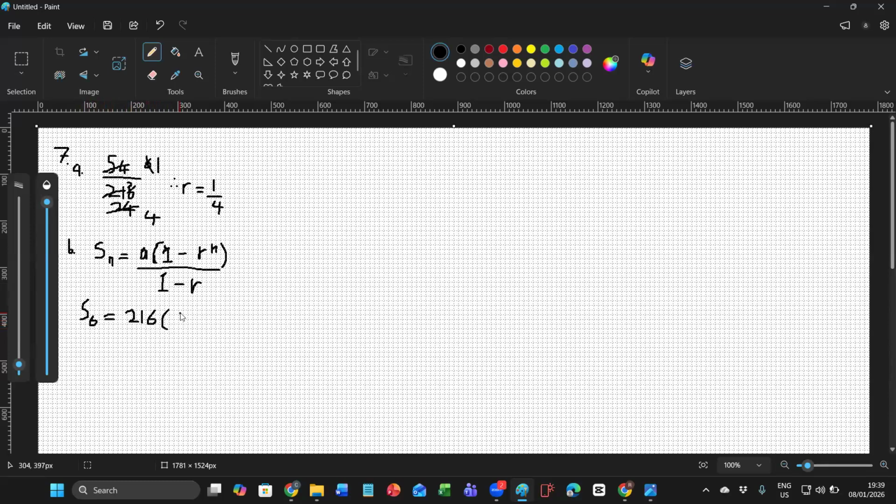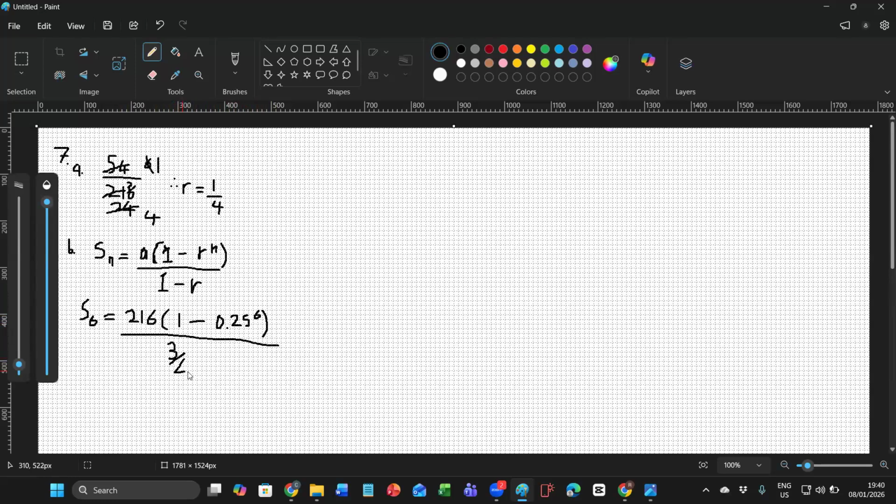Then 1 minus 0.25 raised to the power of 6, since 1 over 4 is 0.25. We're just crunching it in the calculator, so let's push it as much as we can. This is divided by 1 minus 1 over 4, which is 3 over 4.